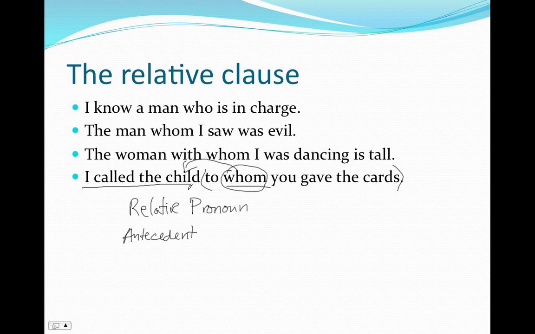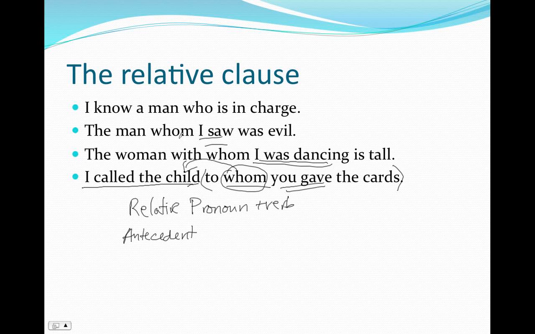And so every relative clause is going to have a relative pronoun. They usually begin with the relative pronoun. And then it will point back to an antecedent in the main clause. And then the relative clause will also have its own verb. So in each of these, you gave is the verb. So you gave the cards to whom. I was dancing is the verb in this relative clause.